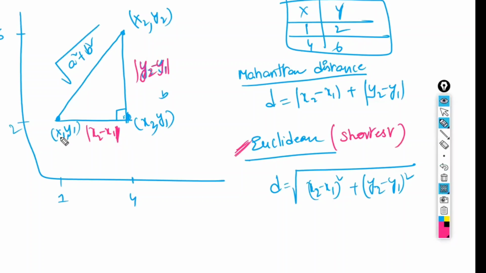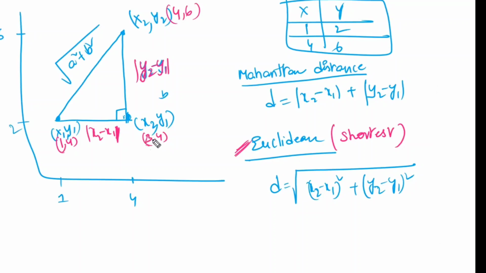The distance is clear because this point is (1, 4), this point is (3, 4), and this point is (4, 6). Now in this case, what is changing? Only the X value changes. The Y value remains constant. Y is not changing, only X is changing, from the starting point (1, 2) to (4, 2).